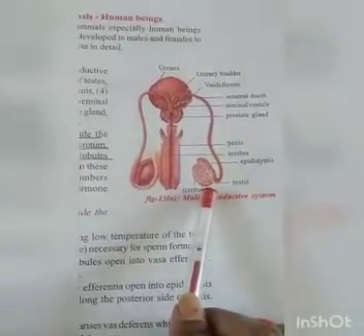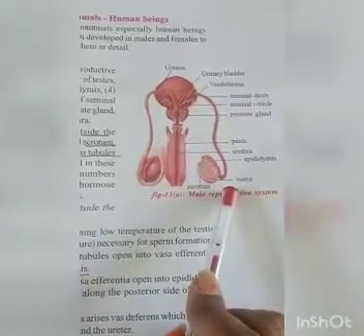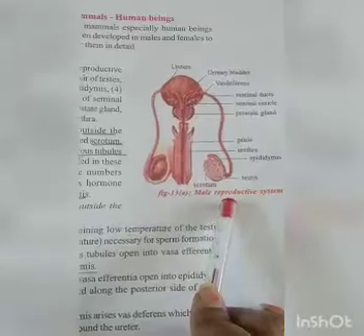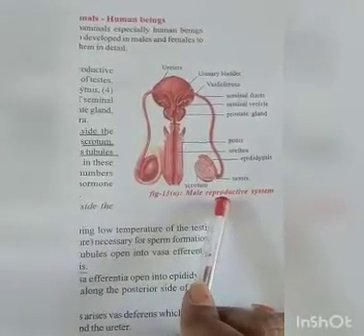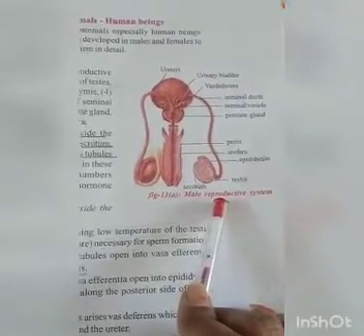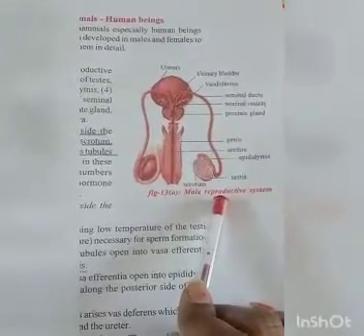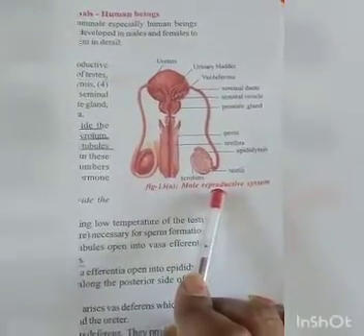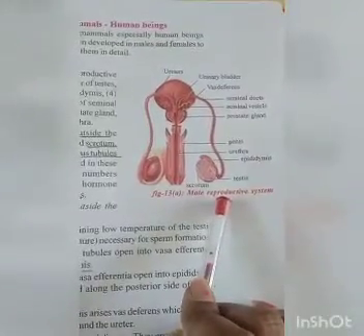Testosterone, produced by the testis, develops secondary sexual characters in males like mustache, beard, voice change, and body parts growth. Some secondary sexual characters are developed due to the testosterone hormone.